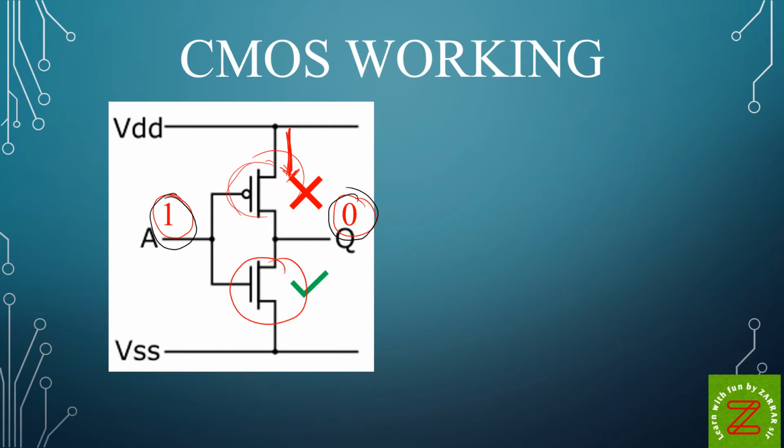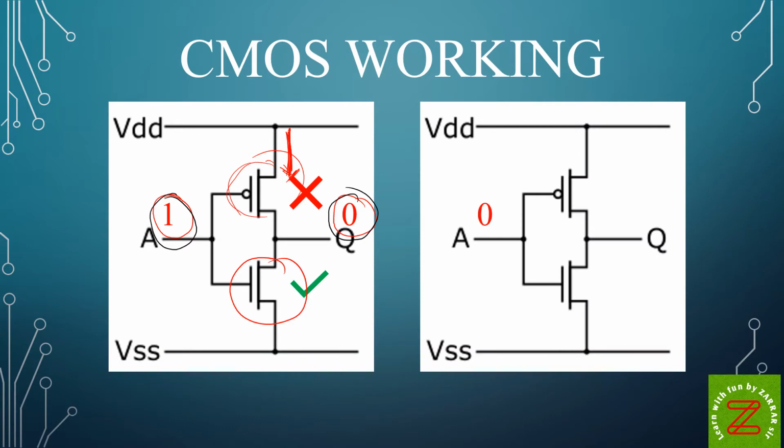So let's take another similar example. If I give logic 0 as input, now you are completely aware that for logic 0, PMOS will get activated and NMOS will not get activated. So if PMOS is activated, current will be drawn from the supply but will not reach ground since my NMOS gate is not activated.